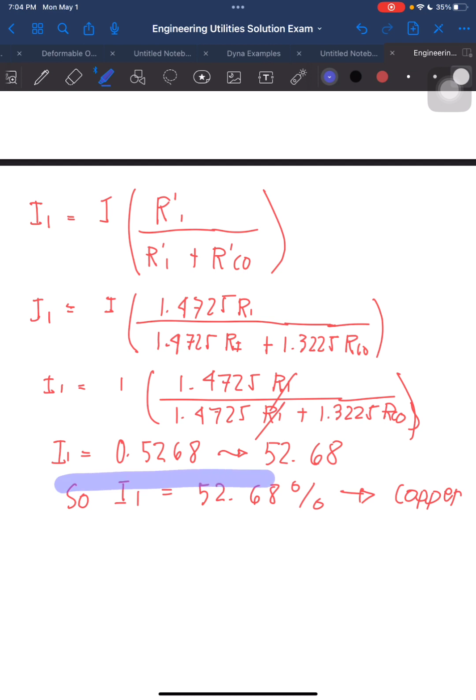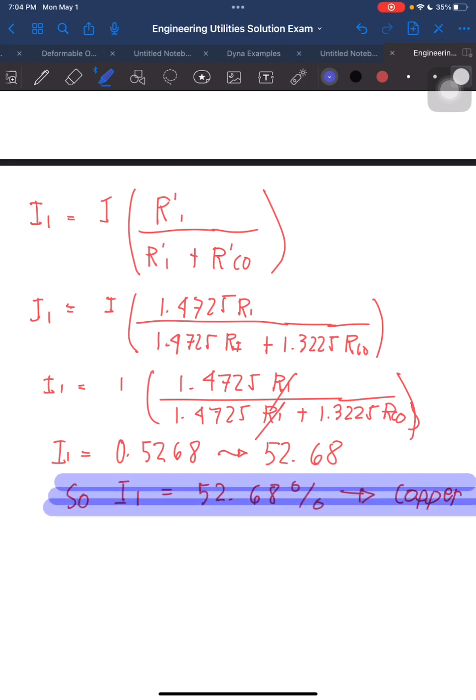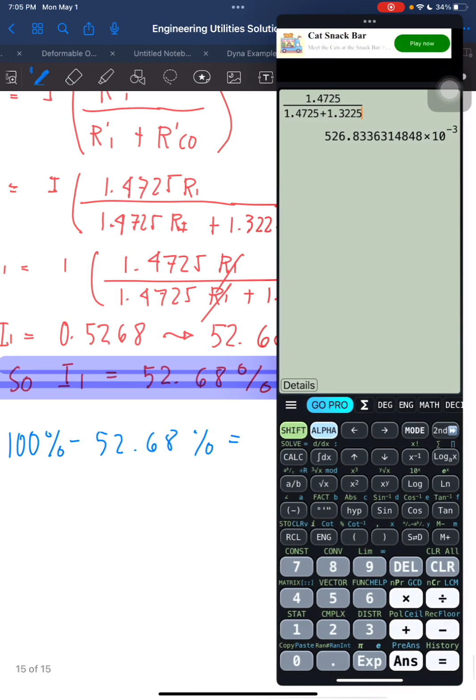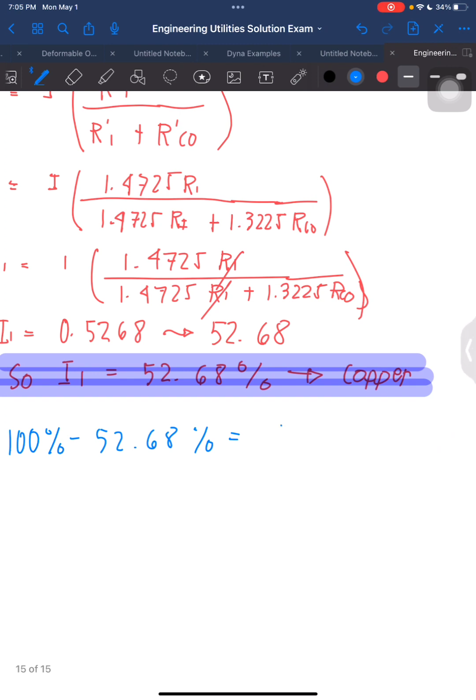Next, highlight lang natin, guys. Next will be, para naman makuha yung kuwan, yung sa iron, minus lang natin siya sa 100% since isang problem lang naman to. Magiging 100% minus 52.68% is equal to 47.32%.